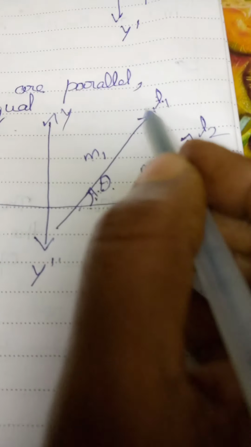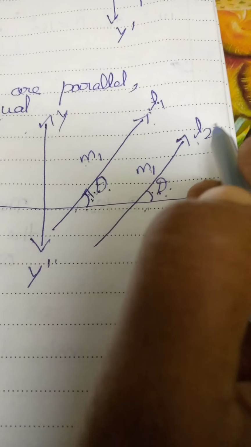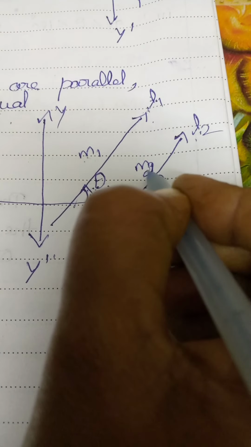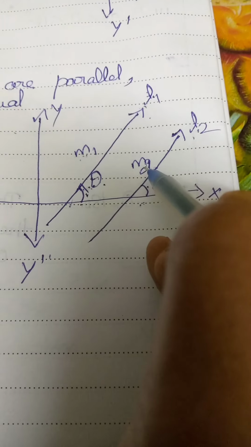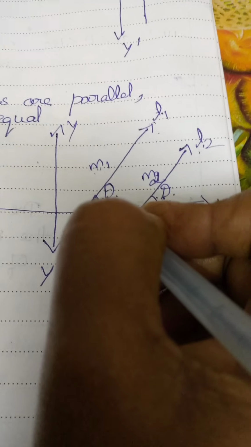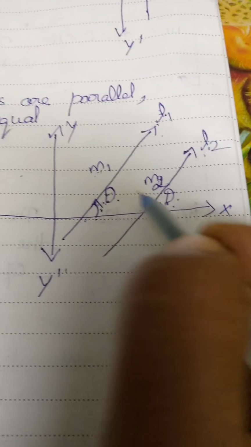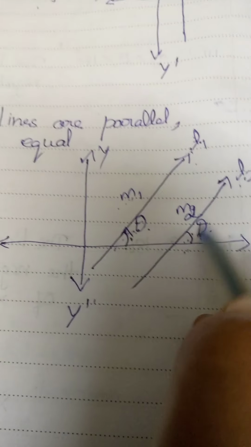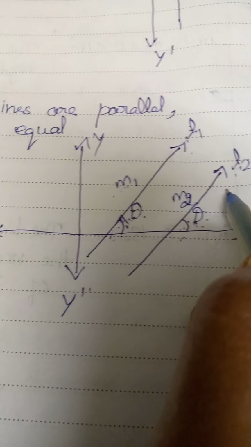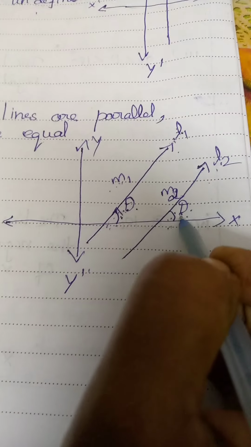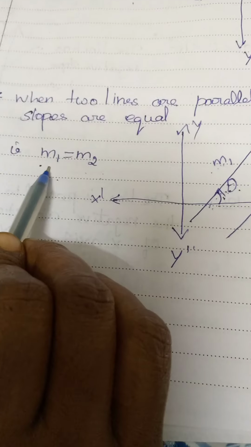Both the angles of inclination will be equal, as well as both lines' slopes. When two lines are parallel, M1 is equal to M2.